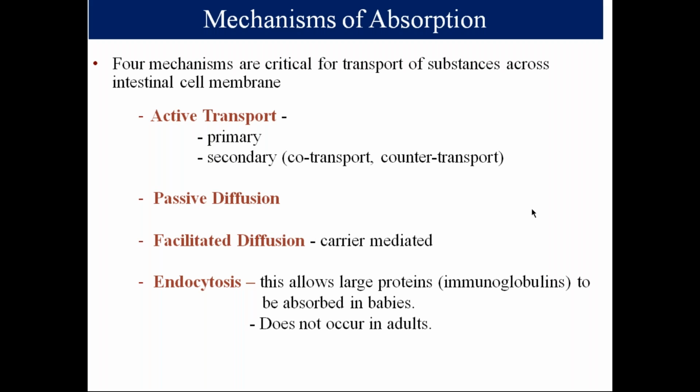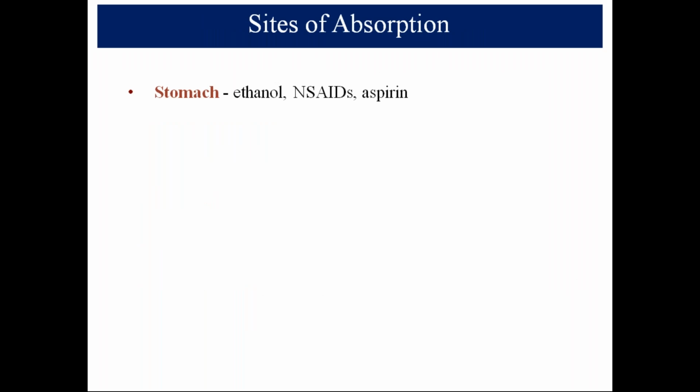So basically, the endocytosis in humans is helping us in absorption of larger proteins, that is the immunoglobulins, and this occurs in your early extrauterine life, that is, in the neonatal and the infancy period, right?